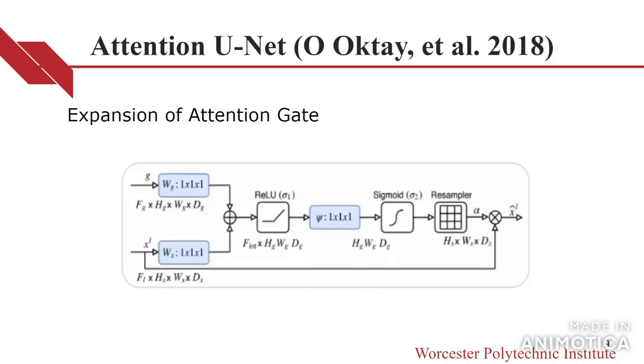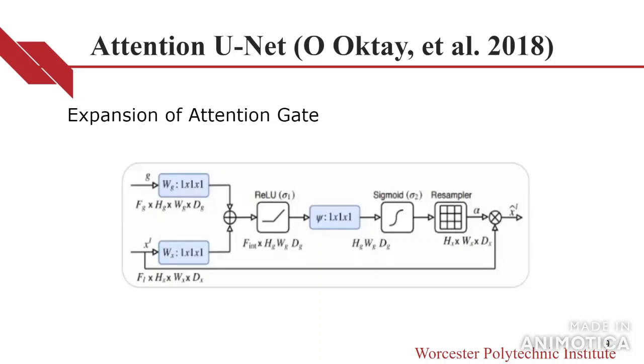The two vectors are summed element-wise. The process results in aligned weights becoming larger while unaligned weights become relatively smaller. The resultant vector goes through a ReLU activation layer, as you can see, and a 1 cross 1 convolution that collapses the dimensions to 1 cross 32 cross 32. This vector goes through a sigmoid layer, which scales the vector to the range 0 to 1, producing the attention coefficients, which are weights, where coefficients close to 1 indicate more relevant features, which is expected.